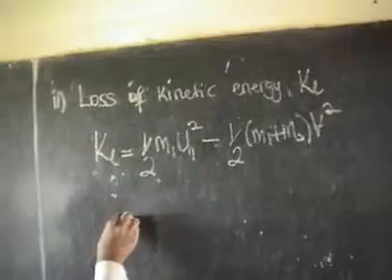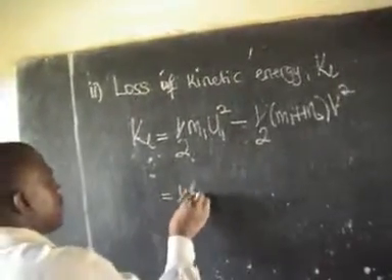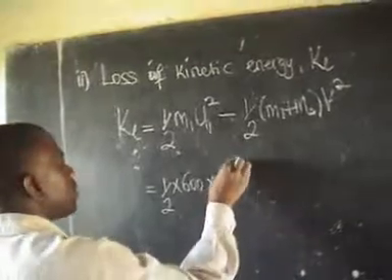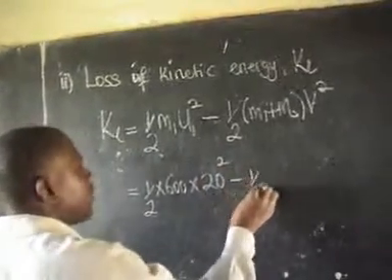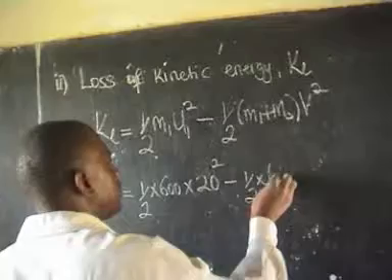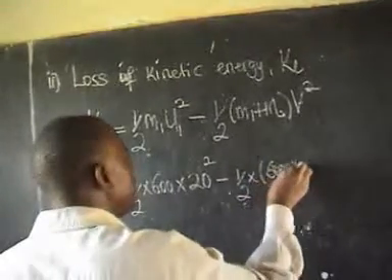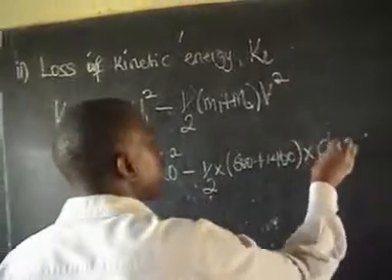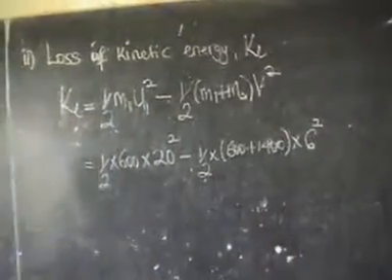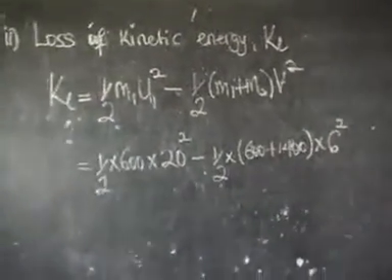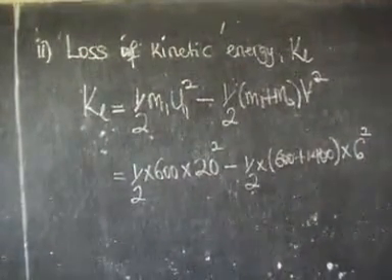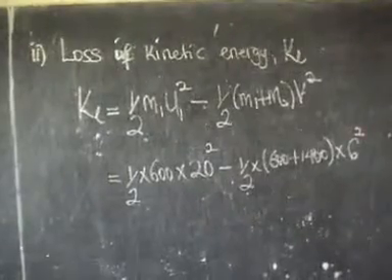When you substitute, a half times 600 times 20 squared minus a half times the other term squared. So when you simplify, we shall get 300 times 20 squared.